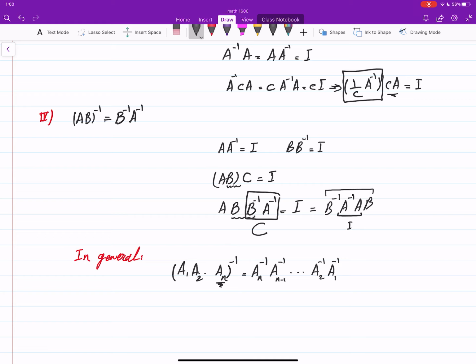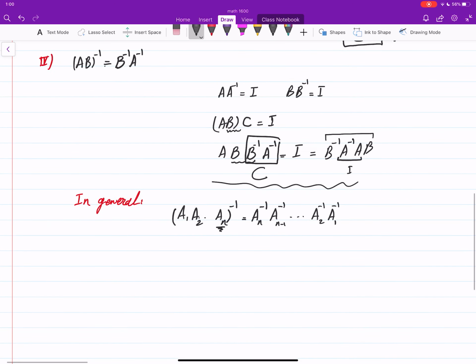You can prove this using the trick that we used above. So with products, it works nicely, but you have to be careful. You have to change the order of the product, as you see.